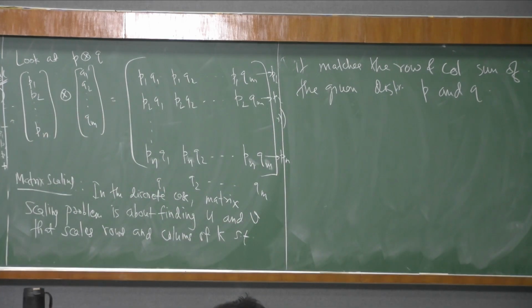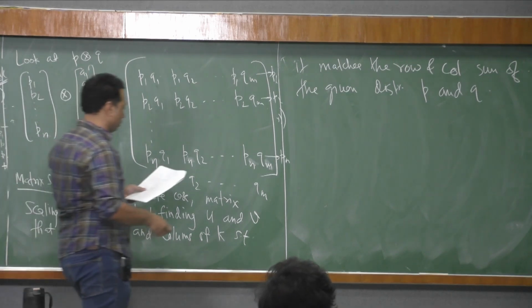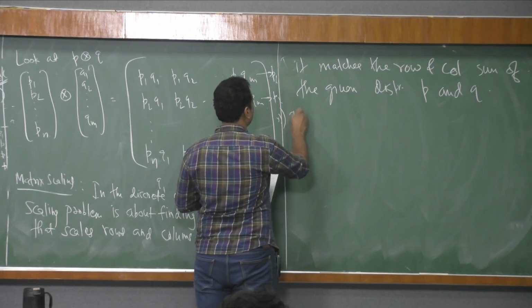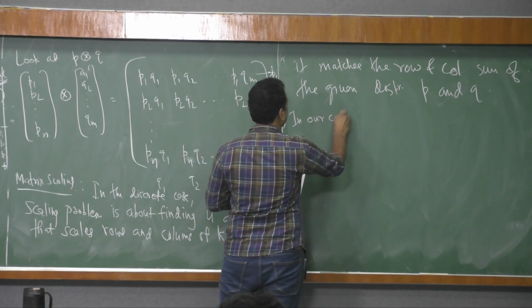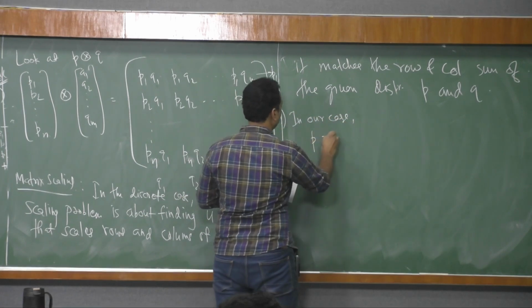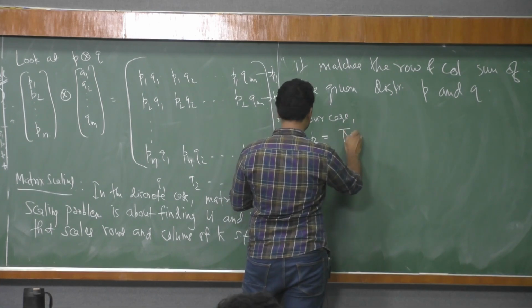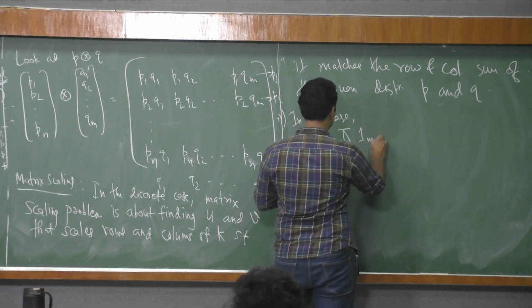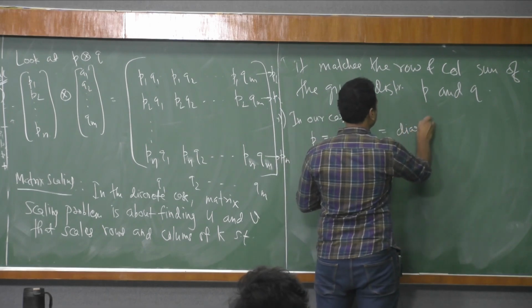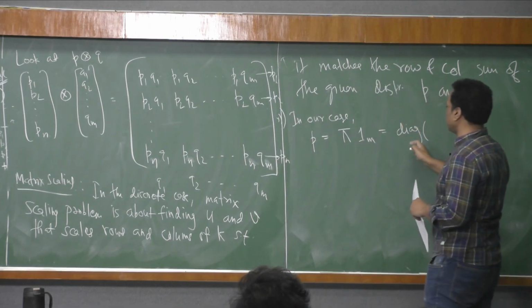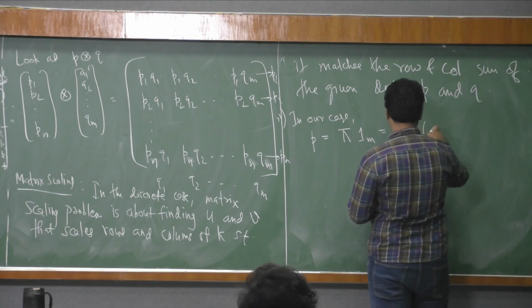If we come back to our case where we are working with this pi, then the constraint is that diag(U) K diag(V) must be pi. In our case, what we want is p equals pi times 1m, which is the row sum, where we have seen that pi is diag(U) K diag(V), so we replace that pi.